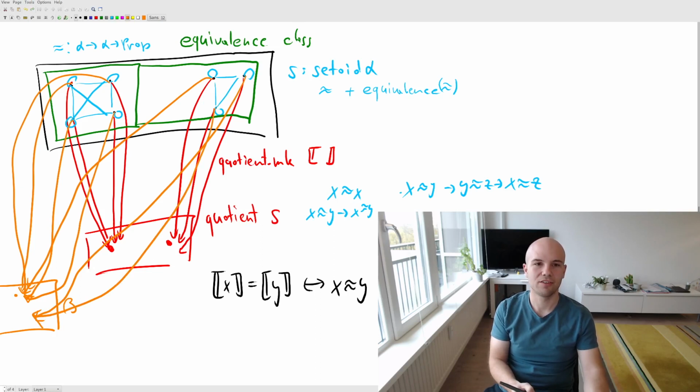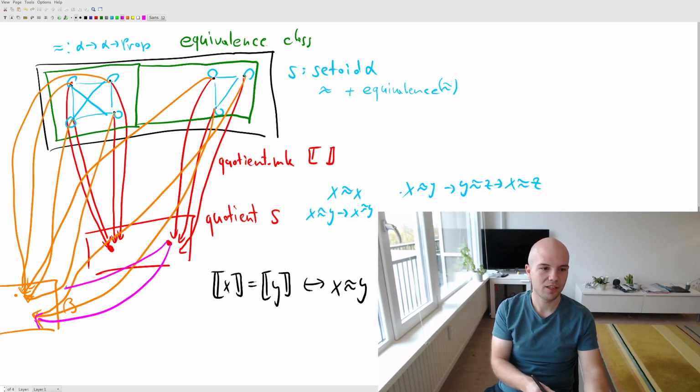Then we cannot lift this function. Why? Because where should this element go here? Should it go here? Because we sent these to this point? Or should it go here? Because we sent this point to this point here.